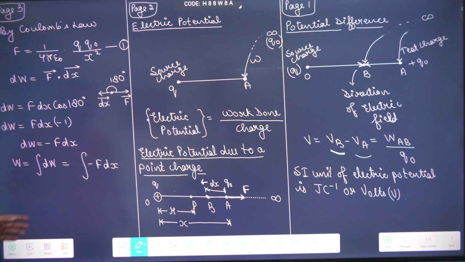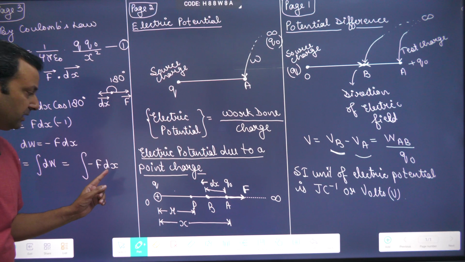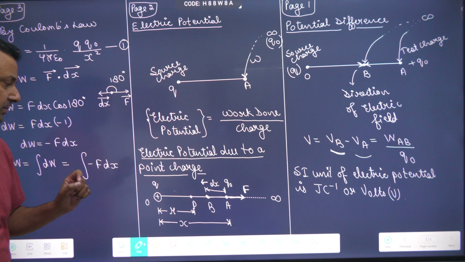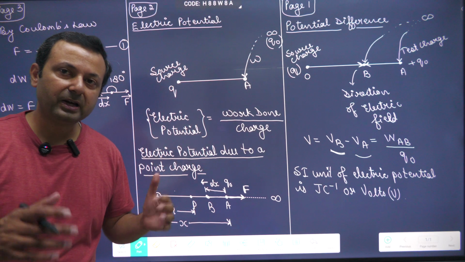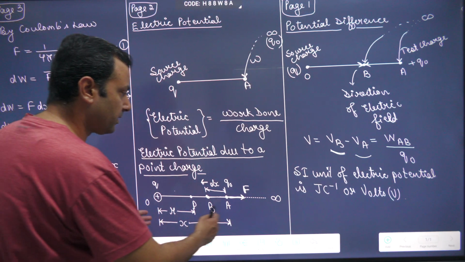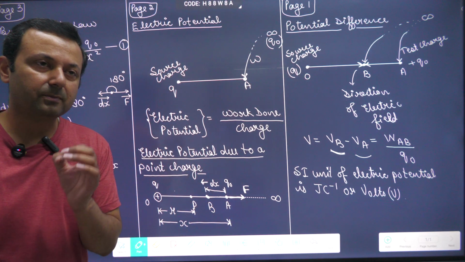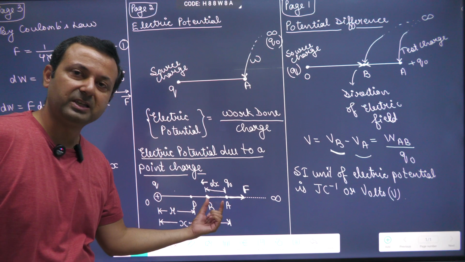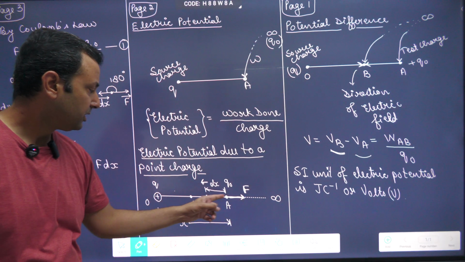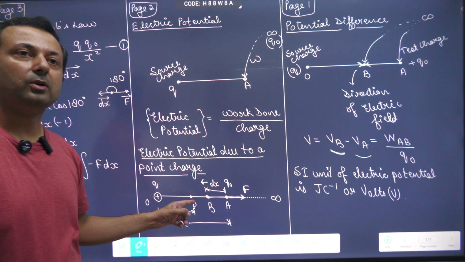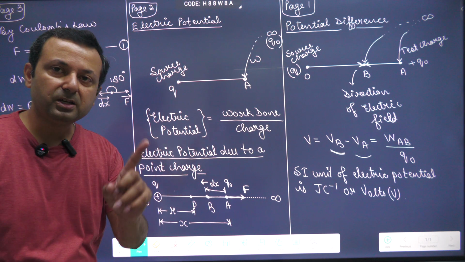Now dx, x is the variable. The term which is written with small d is called the variable term. So x is the variable and x is moving from where to where? I want to bring this test charge from infinity to point P. So what will be my initial position?